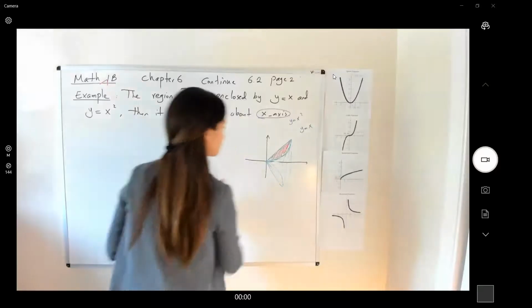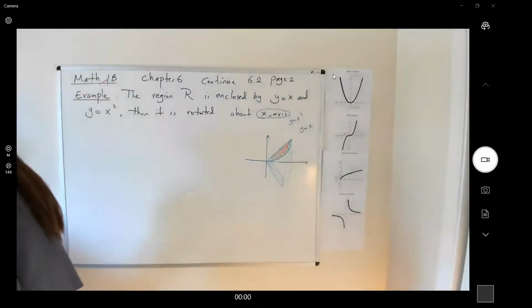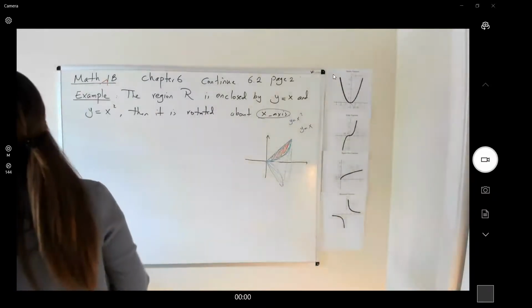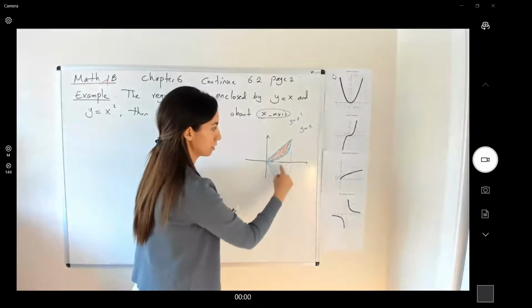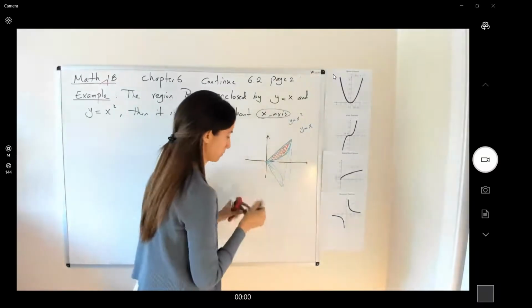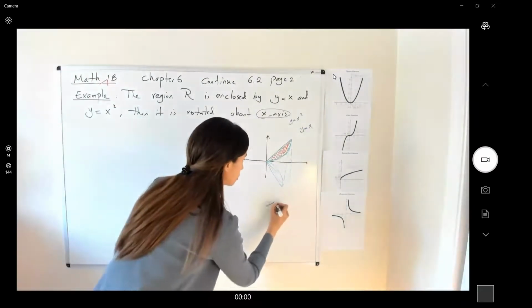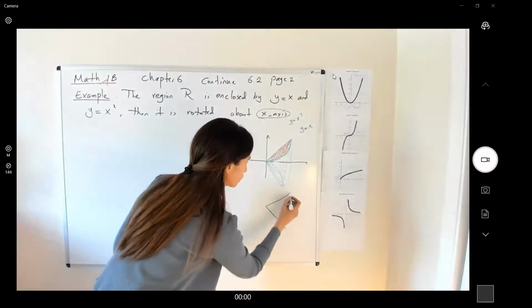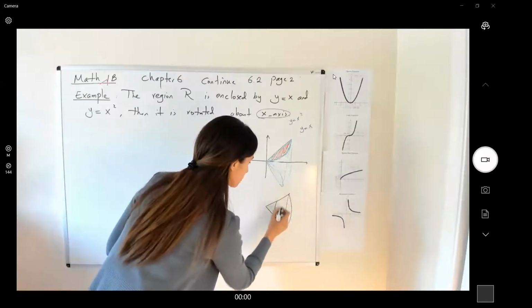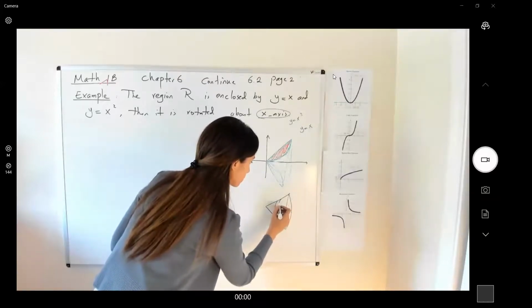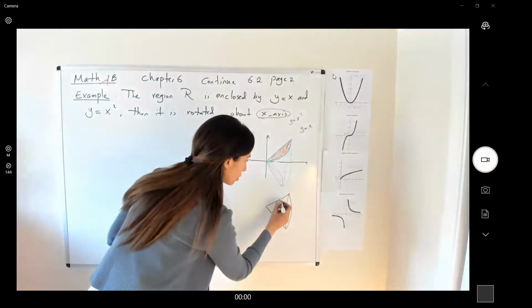And note that there is a hole in between. So if you want to visualize it better, it's going to be like this. With rotation, you get something with a hole in it.